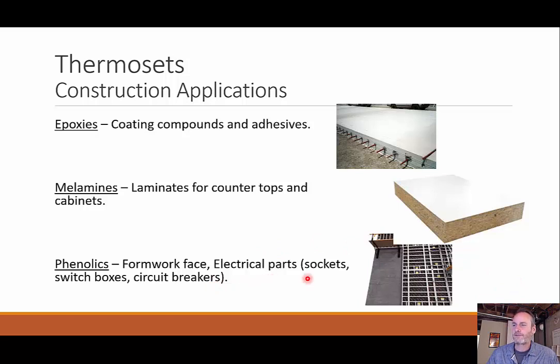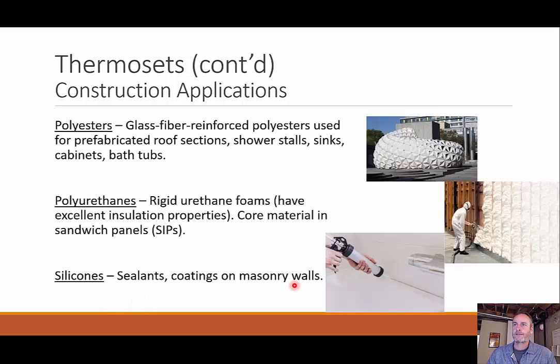Phenolics are also used for electrical parts like sockets, switch boxes, circuit breakers, things like that. Continuing on with thermosets, we have polyesters. This is a glass fiber reinforced polyester, right? And you can do things with that like roof sections, shower stalls, sinks, cabinets, bathtubs. Polyurethanes. This guy's spraying polyurethane as an insulating spray foam, right?